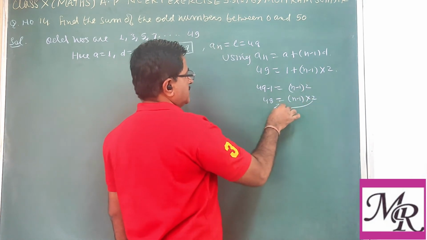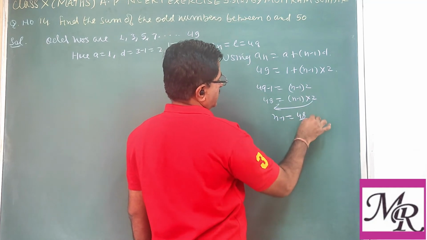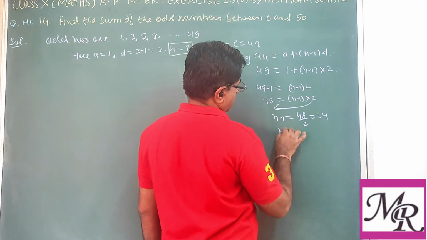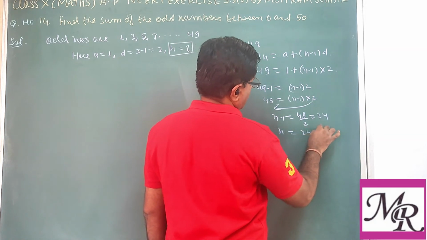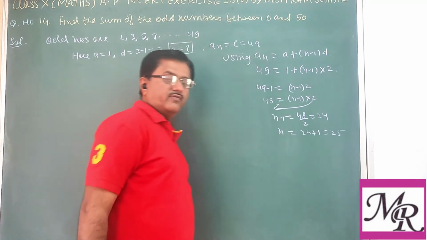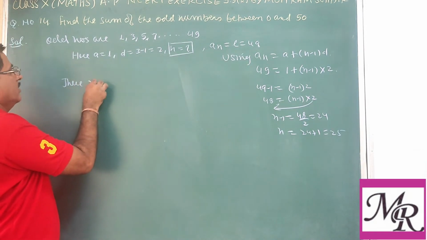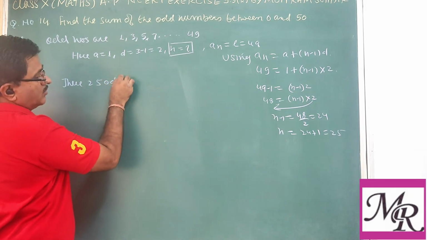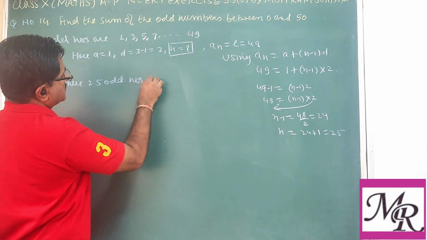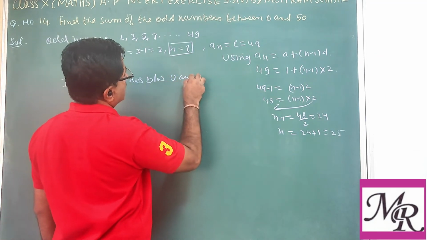Now 2 transferred to this side, so n minus 1 is 48 by 2, that is 24. So 24 plus 1 equals 25. So we can say there are 25 odd numbers between 0 and 50.